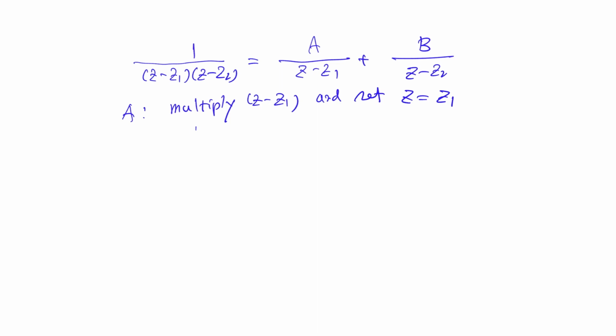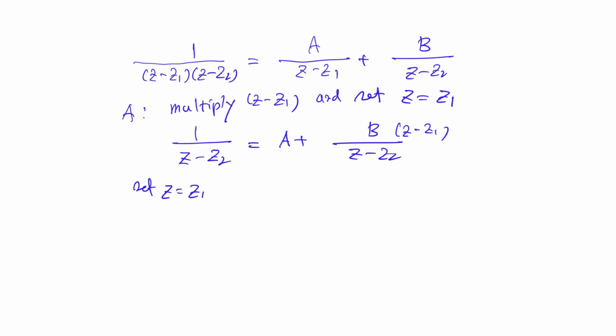Then what happens? 1 over (z − z1)(z − z2) is A over (z − z1) plus B over (z − z2). Set z equal to z1, and A is 1 over (z1 − z2). Right? B.